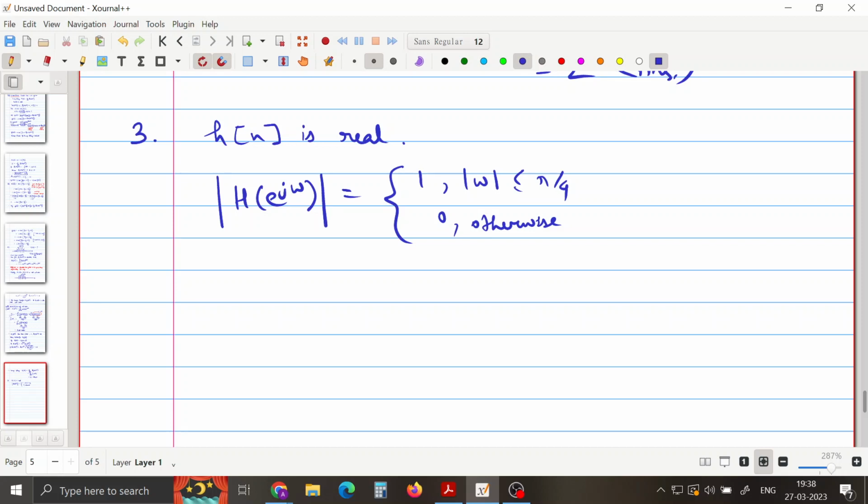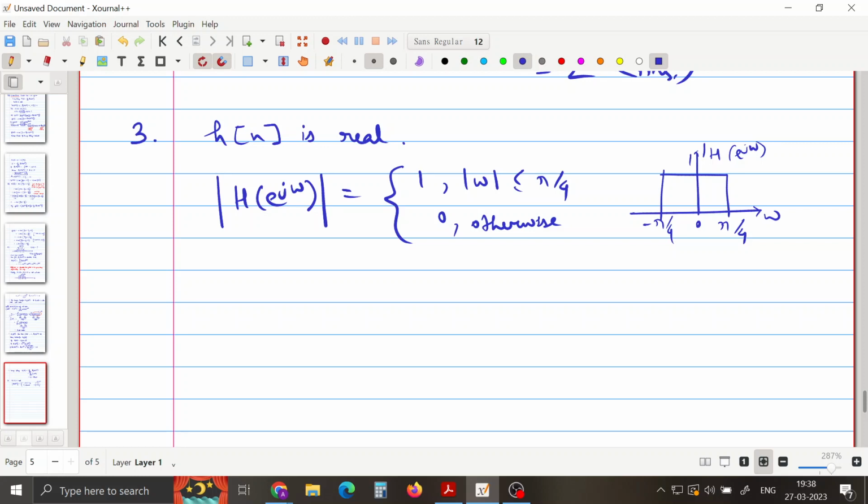It will be from minus pi by 4 to plus pi by 4. Exactly. So this figure also, if you see, is correct. From minus pi by 4 to pi by 4, it's 1. This is the magnitude response. So clearly this is an even function.